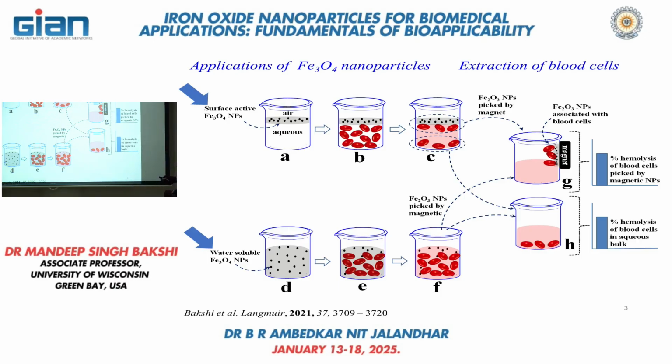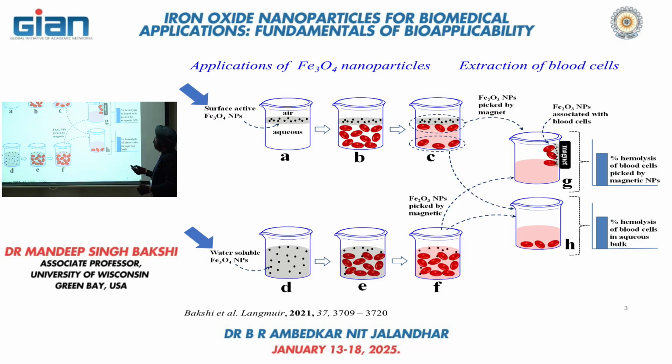So what we can do, I'm going to place the surface active magnetic nanoparticle on the whole blood cell suspension, and likewise I place the blood cell suspension in the water soluble magnetic nanoparticle solution.